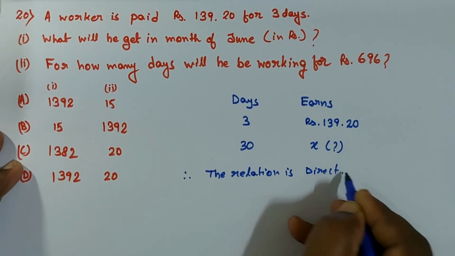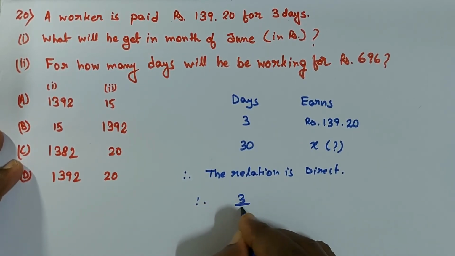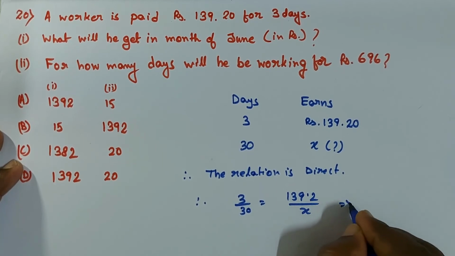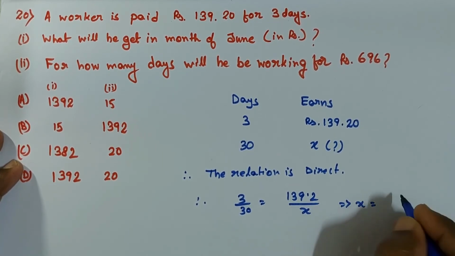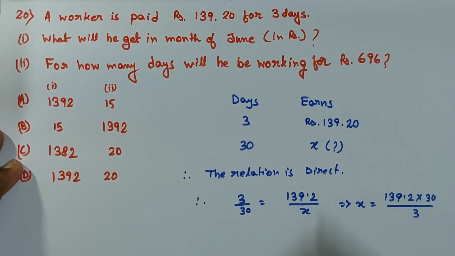So 3 by 30 is equal to 139.2 by x, or x is equal to 139.2 into 30 by 3. So this is equal to 1392. Okay, so rupees 1392.